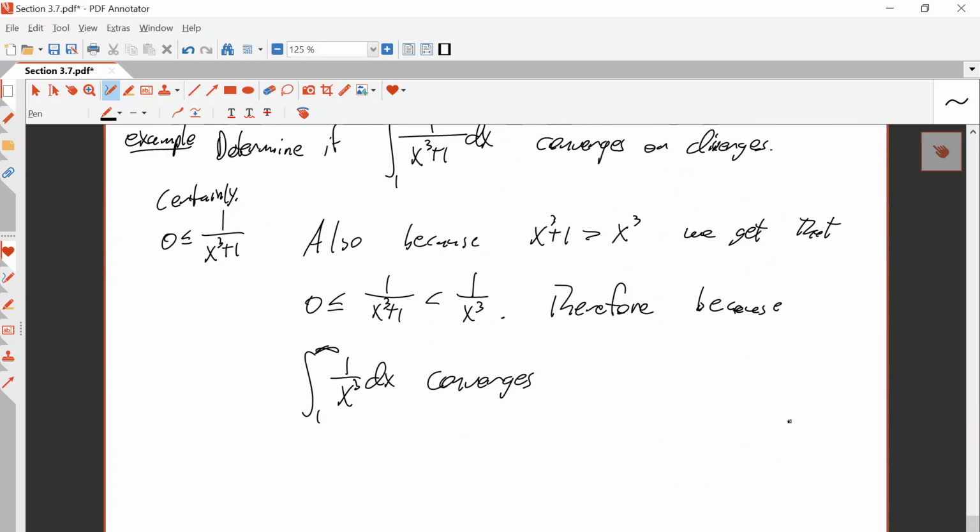So here we have p equal to 3, which is bigger than 1. Now, because the integral for this function converges and this function is less than that function, we get that the integral from 1 to infinity of 1 over x to the third plus 1 dx converges as well.